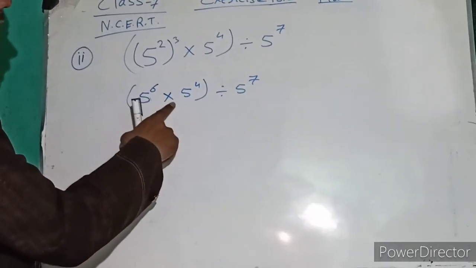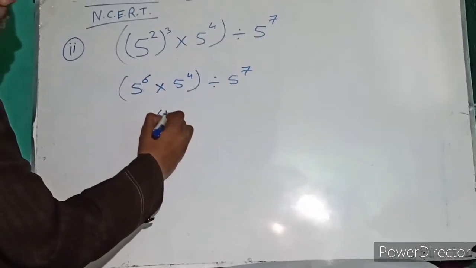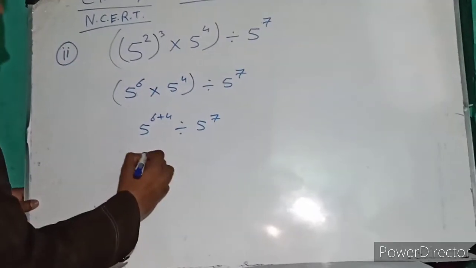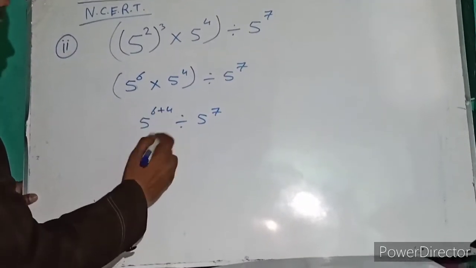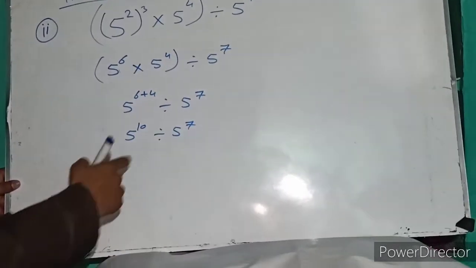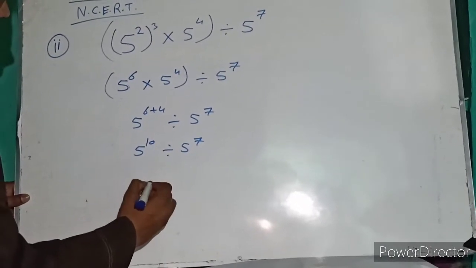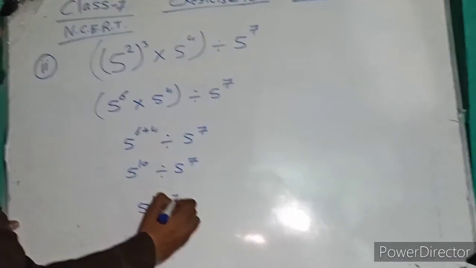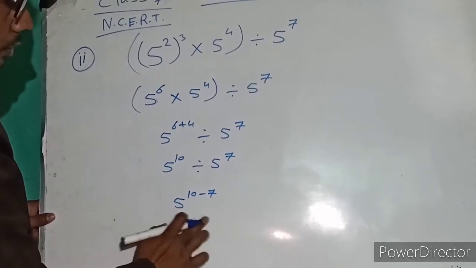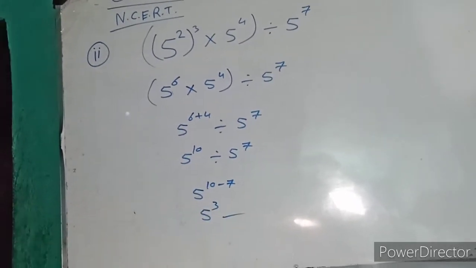Since there is a multiplication sign, we will add the powers: 5 raised to the power 6 plus 4 divided by 5 raised to the power 7, which is 5 raised to the power 10 divided by 5 raised to the power 7. Since there is a division sign, we will subtract the powers: 5 raised to the power 10 minus 7, and the answer is 5 raised to the power 3. Okay, so this is the answer.